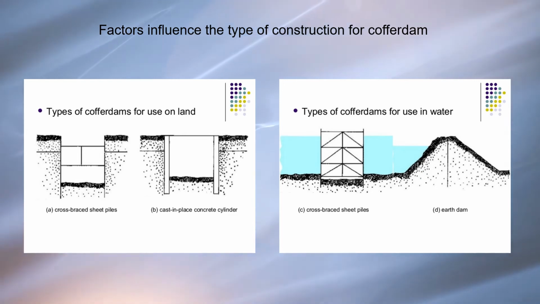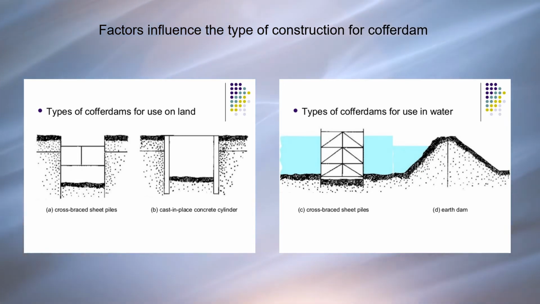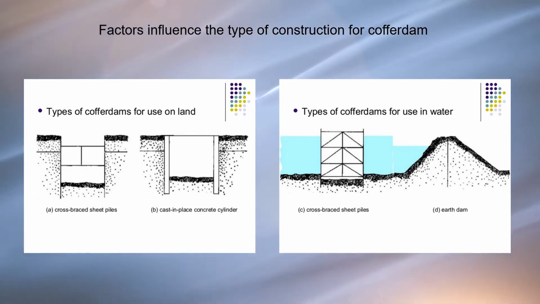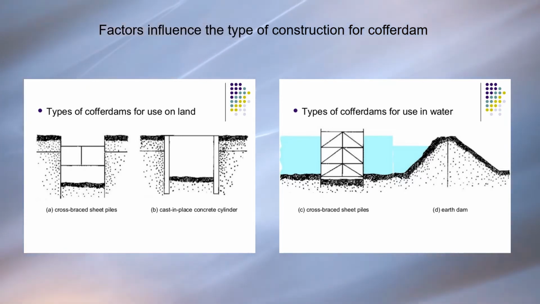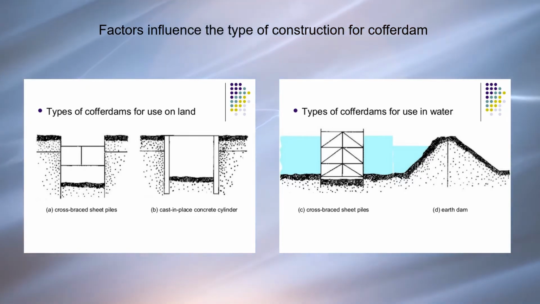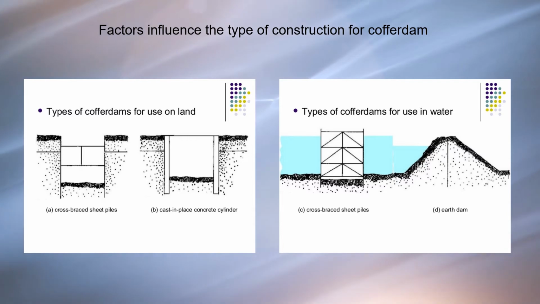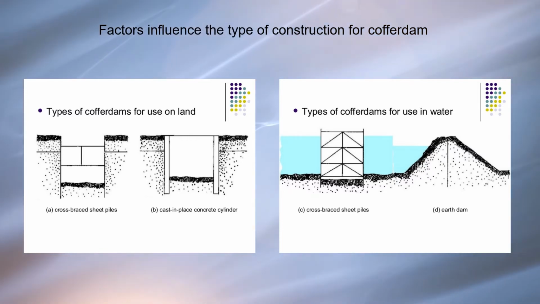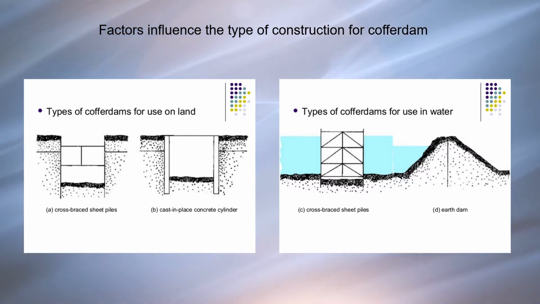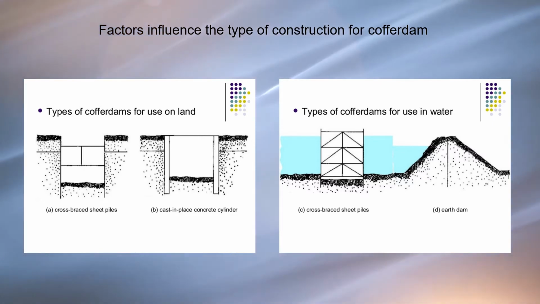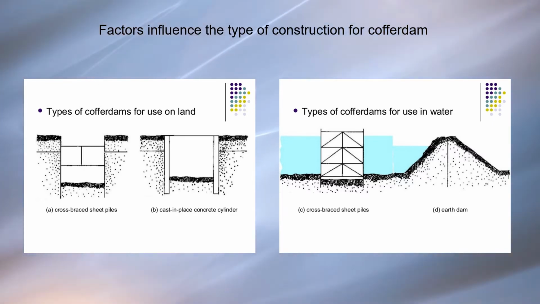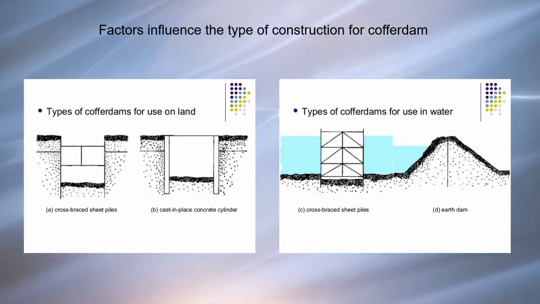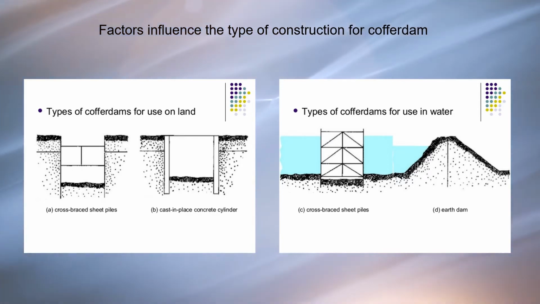Number 3, the fluctuations in the water level which can cause hydrostatic pressure. Number 4, availability of materials for the construction of the cofferdam. Number 5, working condition desired inside the cofferdam. And finally, number 6, whether the structure is located on land or in water.